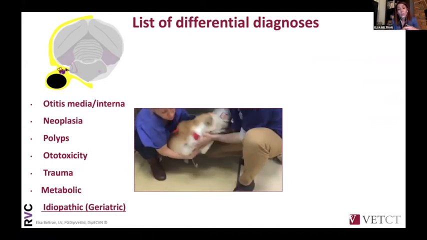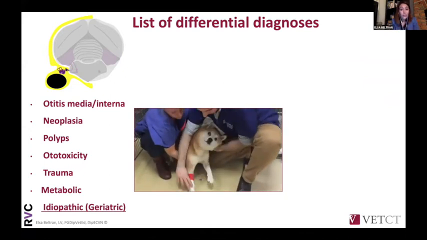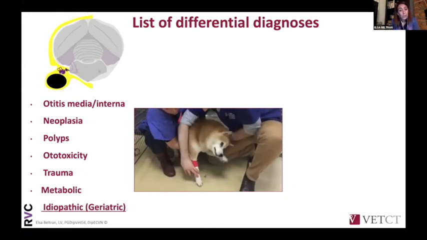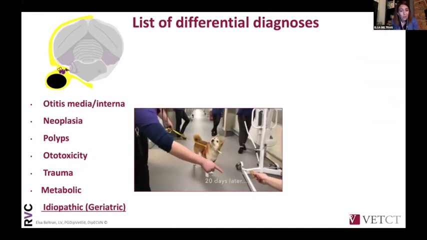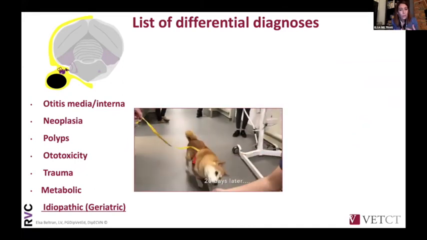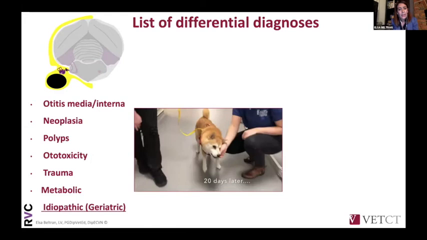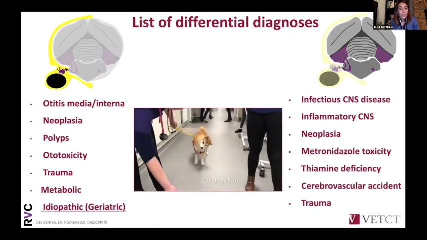They can present with peracute onset, they can present quite severe at the onset of presentation. We barely will see alterations on advanced imaging, and they may take a long time to recover, but they usually go back to being ambulatory, and sometimes they can have a permanent head tilt or other neurological vestibular signs.